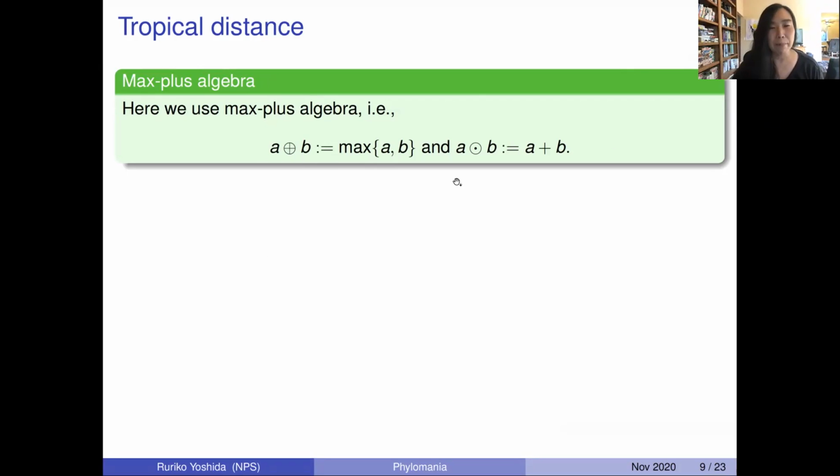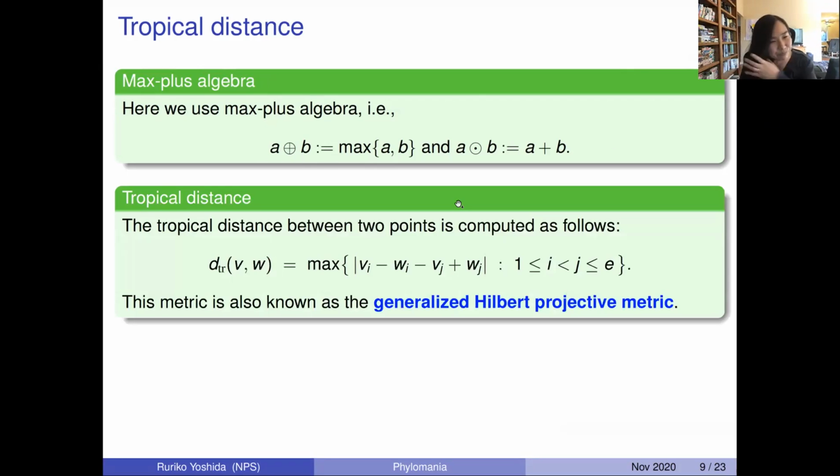Then we have to define the distance, right? We are dealing with the space of ultrametrics, so if we have two ultrametrics, I have to define the distance between them. This is the tropical distance, also called the generalized Hilbert projective metric.